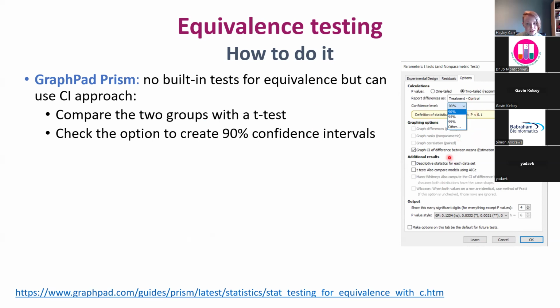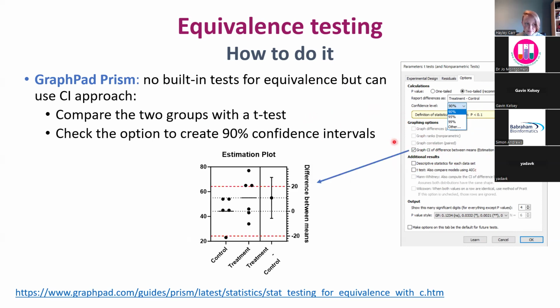The other thing that's nice with Prism is you can graph the confidence intervals of the difference between the means, which is called an estimation plot, which I think can be useful for visualizing equivalence testing. So that looks like this. This is just example data. It's not actually anything, but it will show your control and your treatment as the raw data, and it will also show the difference between the means.